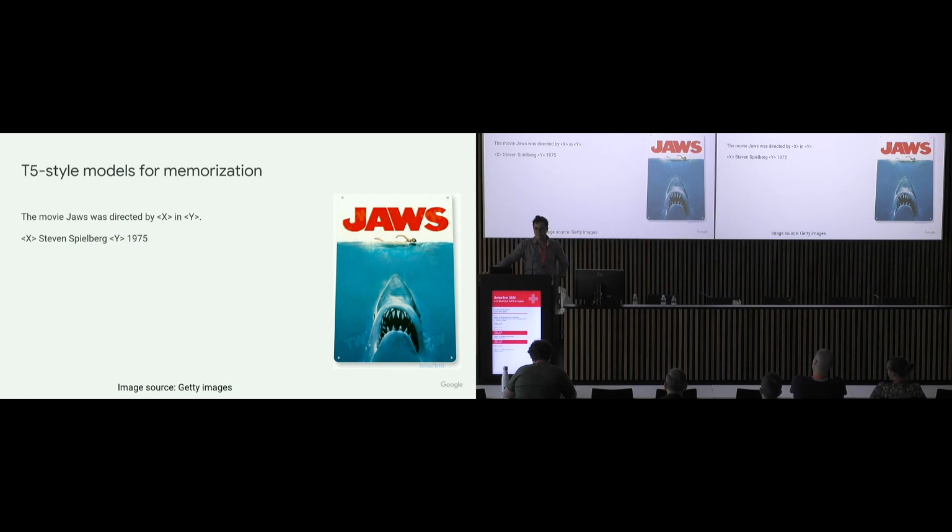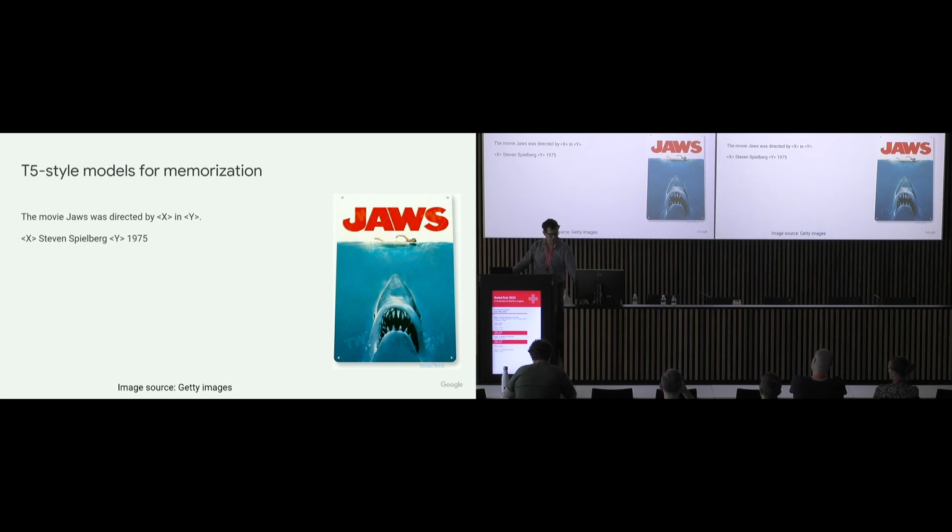So it means it's learned that fact from the pre-training data. It's pre-trained on the web. The web contains, for example, the Wikipedia article for Jaws or the IMDb page for Jaws. This information is encoded there. So from the pre-training data, most likely, the model has already seen this fact maybe several times and has memorized it. And if I ask the model to fill in these blanks, it can give you the right facts, which is great.